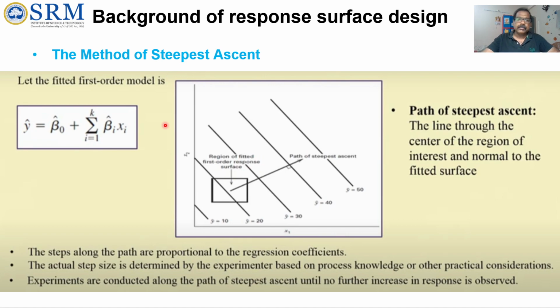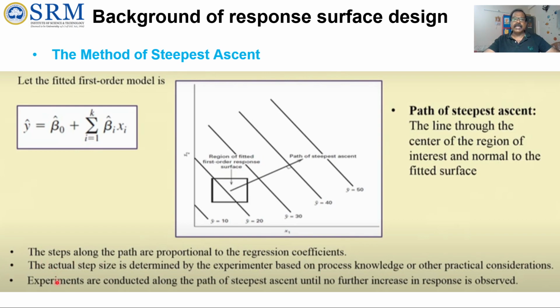Okay, the steps along the path are proportional to the regression coefficients. The actual step size is determined by the experimenter. Based on our previous knowledge, process knowledge or other practical considerations, we have to decide the actual step size.